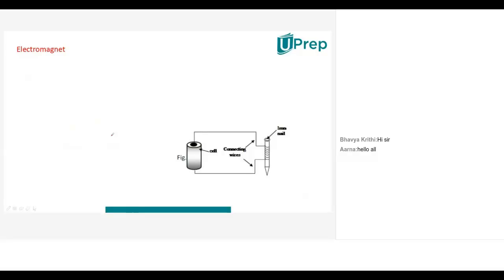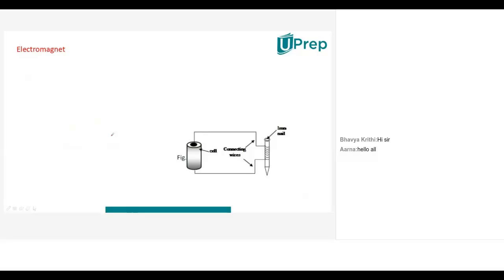What is electroplating? Anyone tell me? Electroplating. The method of plating one type of metal over another by means of electricity is called electroplating. Okay. Arna? Yes, sir. Tell me, what do you mean by electroplating? Sir, I don't know.